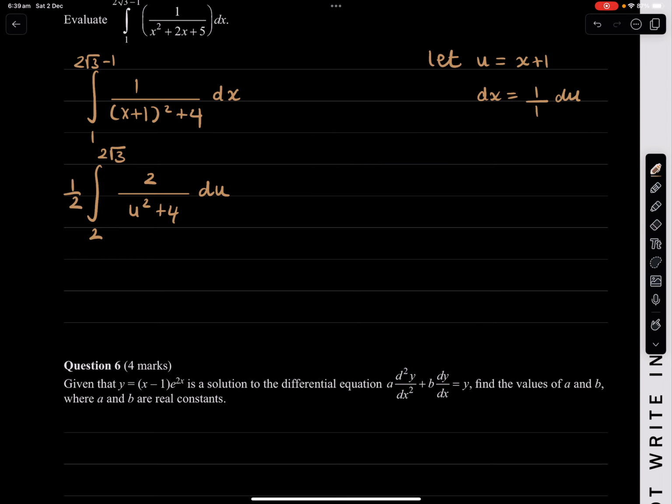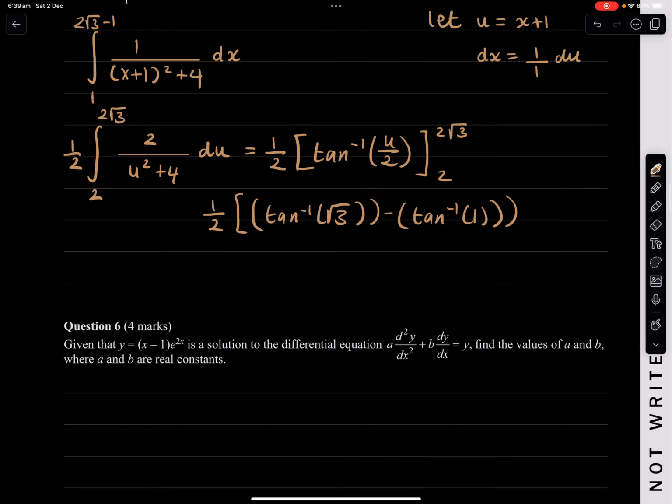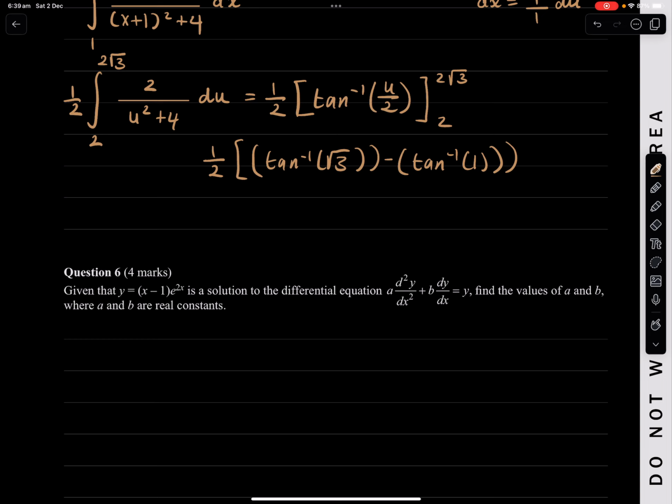So integrating this is going to be half times tan inverse of u over 2, from 2 root 3 to 2. And now let's simplify. First one, if we put in 2 root 3, it's just going to be tan inverse of root 3, minus tan inverse of 1 if I put in 2.